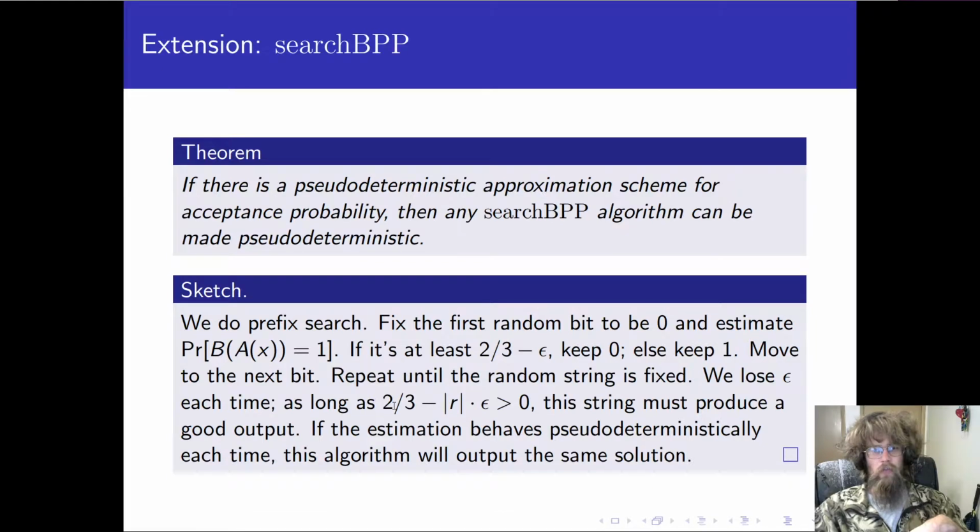So that gives us the constraint that the length of the random string times epsilon has to be less than 2/3. But as long as we end up with a positive value at the end, the string has to produce a good output.